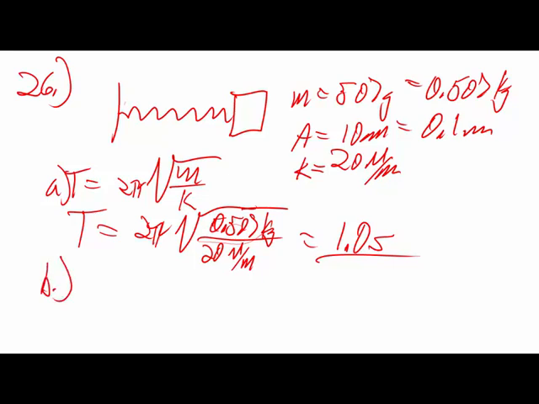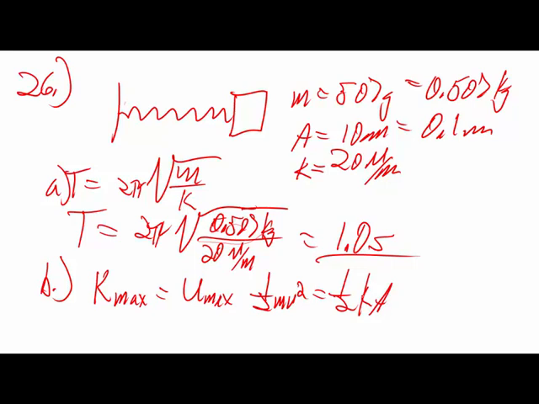B says the maximum speed. Well, basically what we could say here is that K maximum should be equal to the elastic potential energy maximum, which is 1/2 mv squared equal to 1/2 K A squared, right?